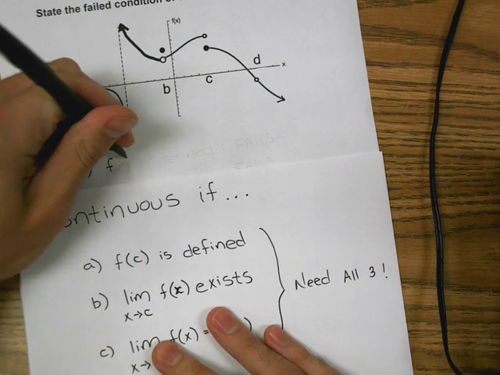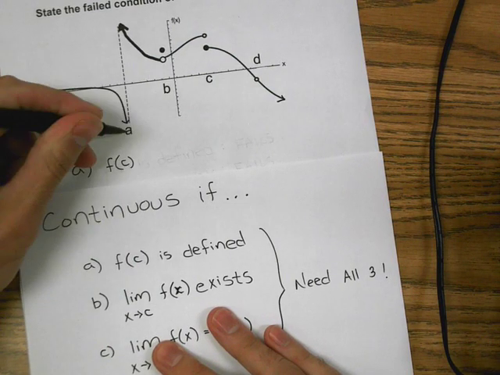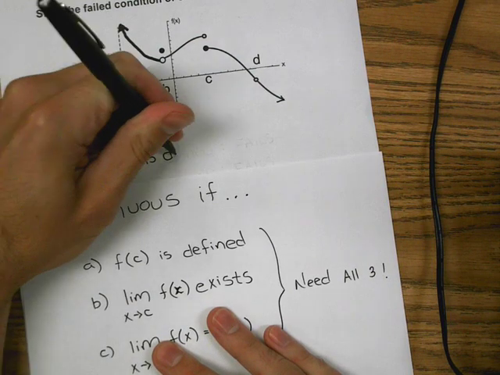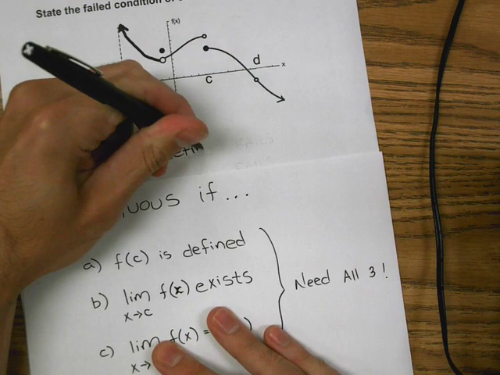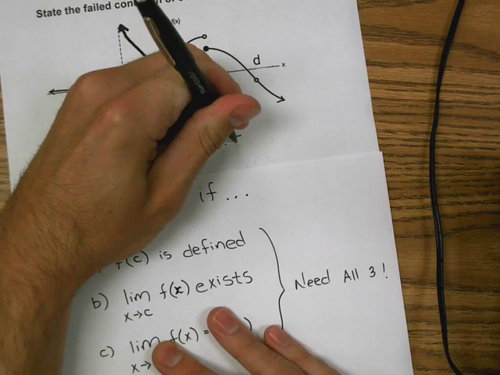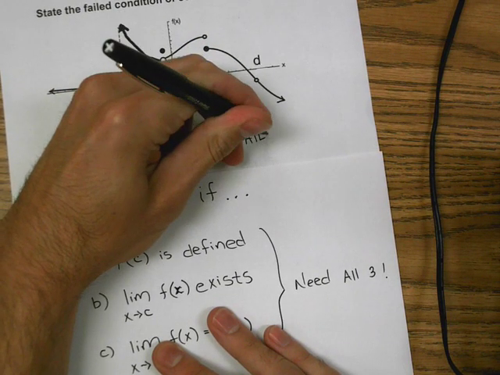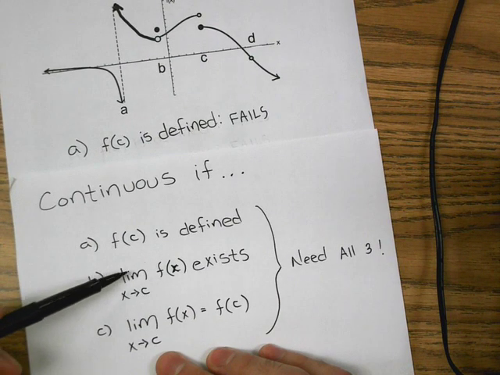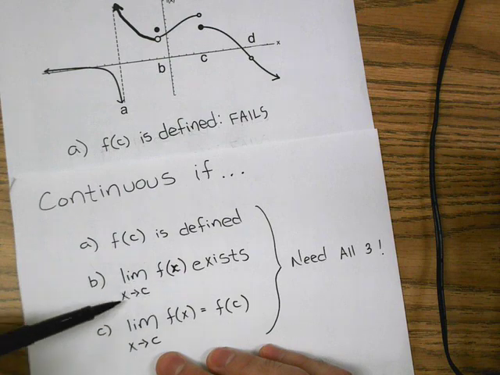So I'm going to say f of c, or you could have put f of a here, is defined. That's a condition that fails at point A. Let's look at our next condition. The limit must exist at that point.